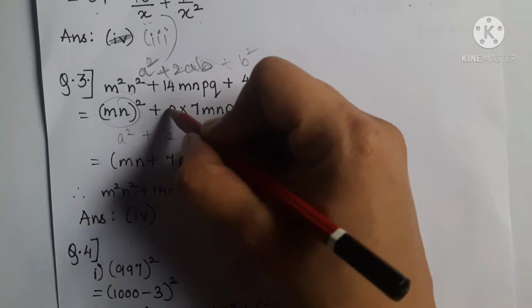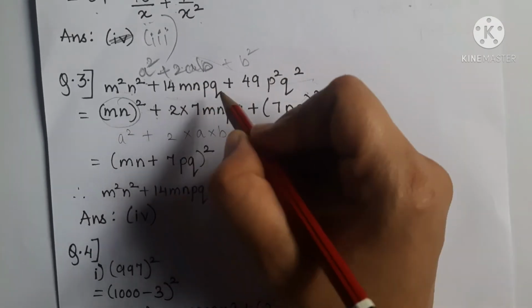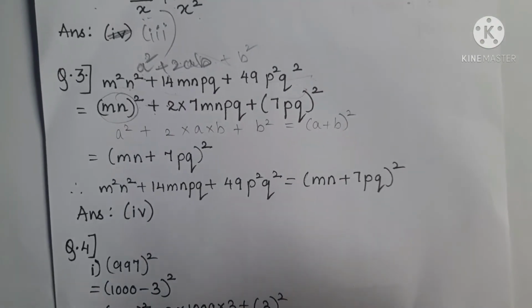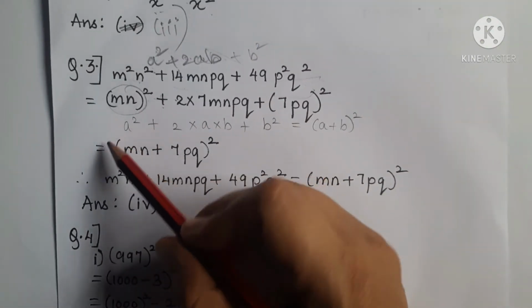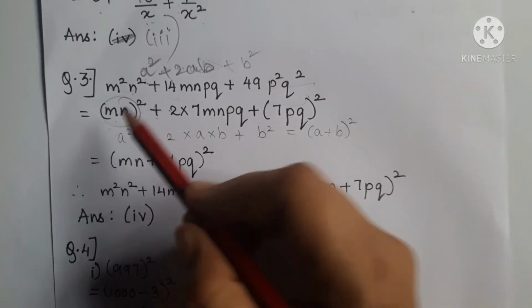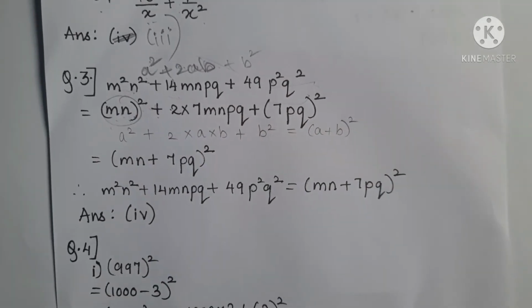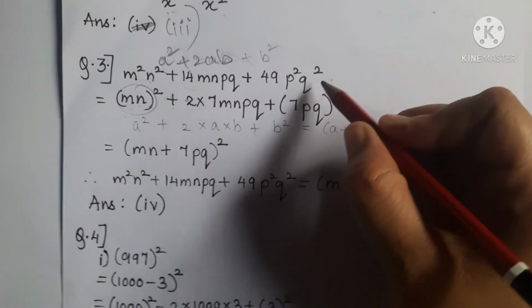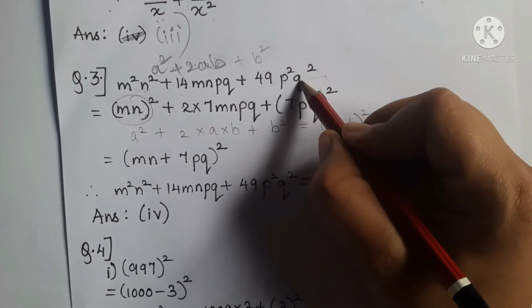Plus 2 into AB. Now which is your A term? The A term is mn. So if mn is your A term, okay, if mn is your A term, then your B term should be pq.